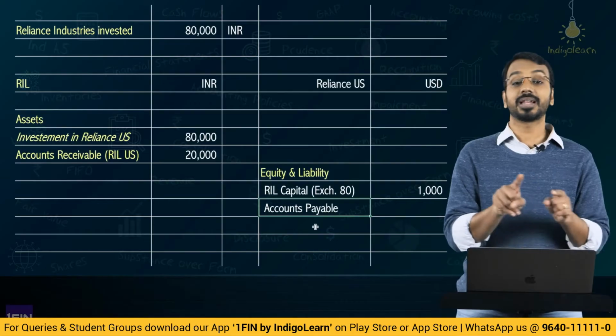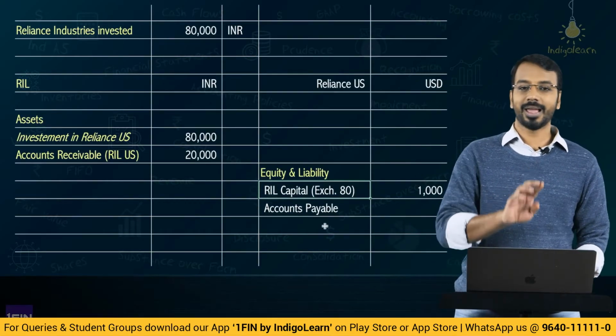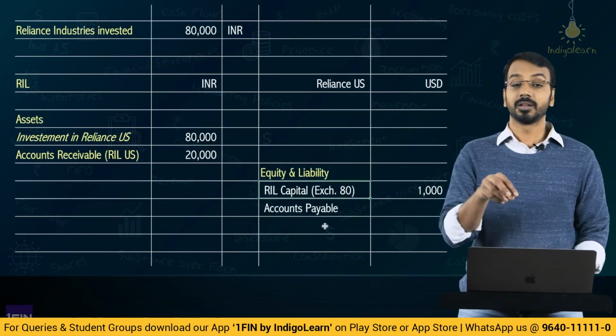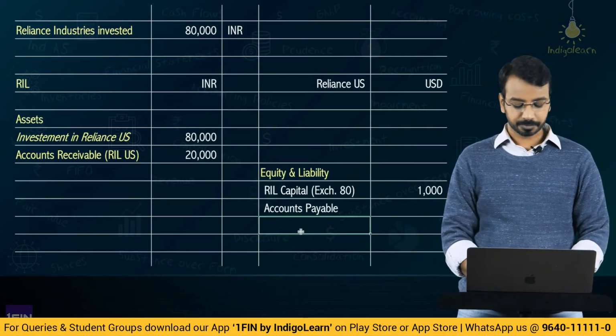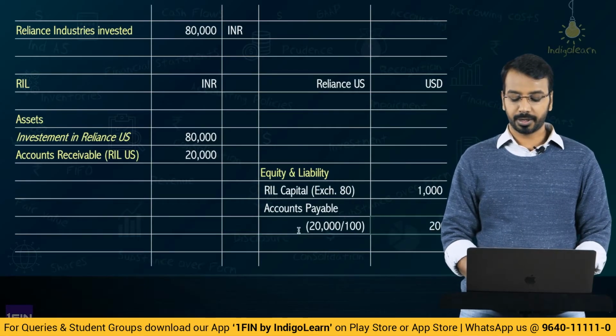So, say when the transaction happened, for example, the rate was 80. Now, because of a lot of changes, this and that, the value at the end of the reporting period is 100. So, here accounts payable is 20,000 divided by 100, which is 200.